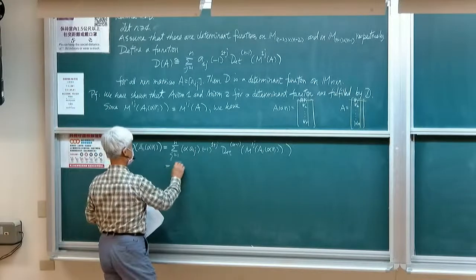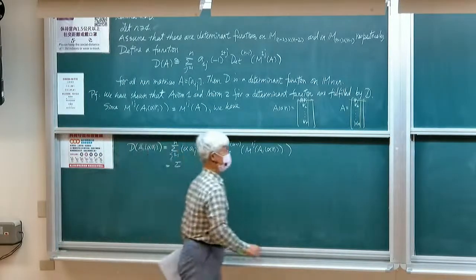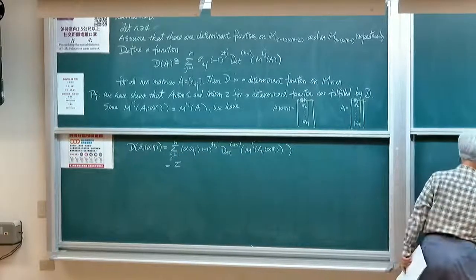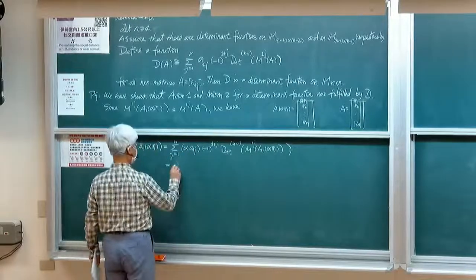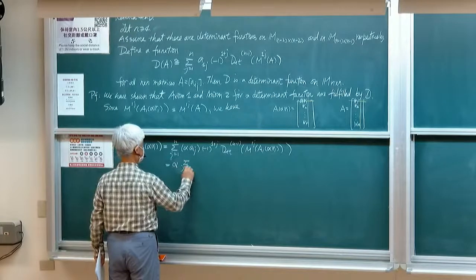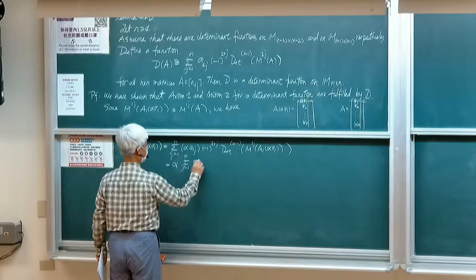So we have a common factor alpha, and then move alpha to the front.